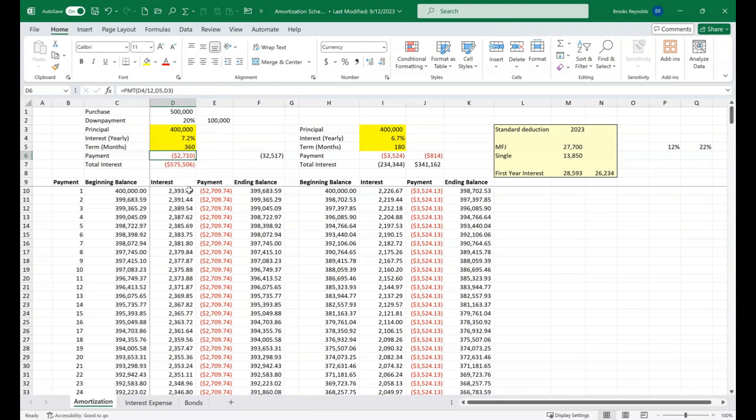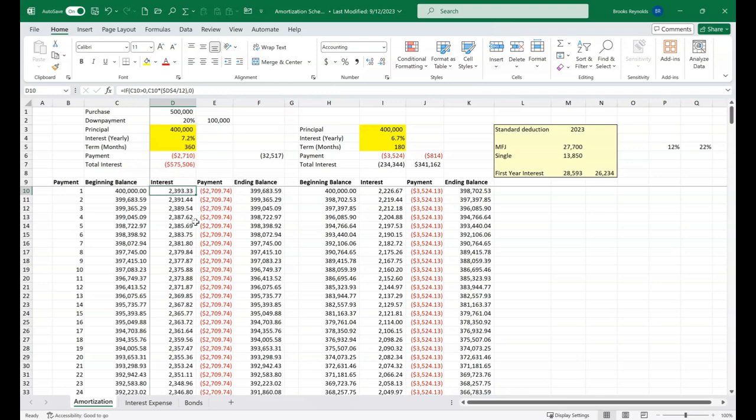All right, so for the interest amount, again, instead of hard coding things, we're going to pull the formulas from certain cells. So this is basically if C10 is greater than 0, in other words a positive number, then we're going to calculate interest.